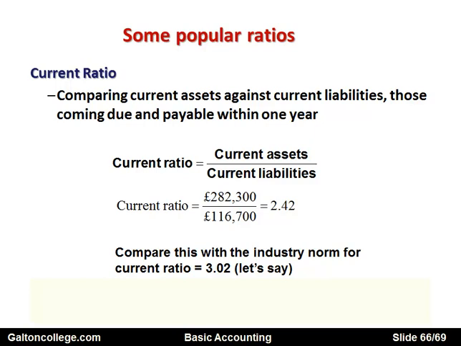If we don't make that comparison, I would have thought a current ratio of 2.42 means current assets are almost 2.5 times the current liabilities, and that's good. But it's bad if you compare it to the industry norm. Let's say we found that the industry norm was 3, then of course it's not as good as the other companies in the industry. So the current ratio is used for making comparisons of that nature.